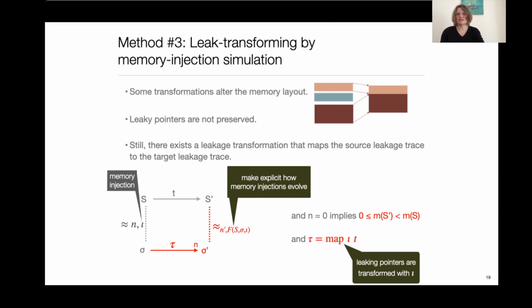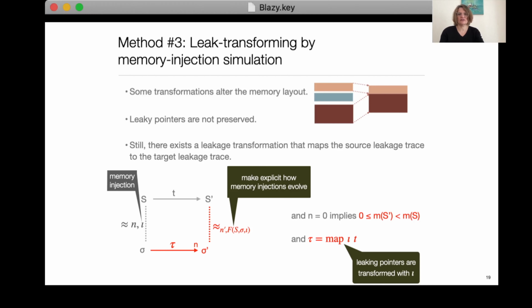More precisely, we have to make sure that the trace stored in the target execution is a mapping of the trace T of the source execution using the memory injection. So this is more complex, but it still fits in the simulation diagrams.